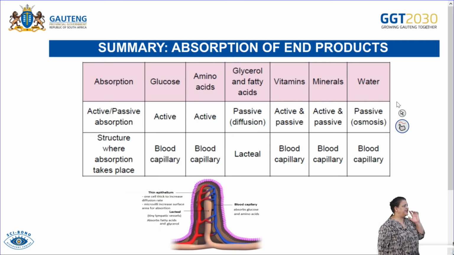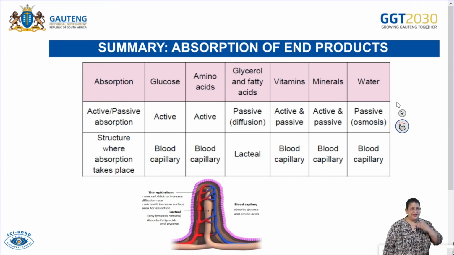Now we have a summary here that absorption can be active or passive. Remember, where does absorption take place? So glucose is actively absorbed into the blood capillary. Amino acids are actively absorbed into the blood capillary. Glycerol and fatty acids are passively absorbed because they go into the lacteal. They're already soluble because bile makes it soluble.